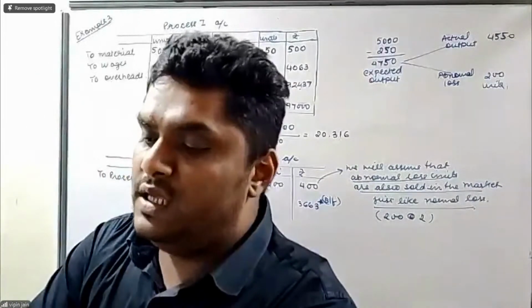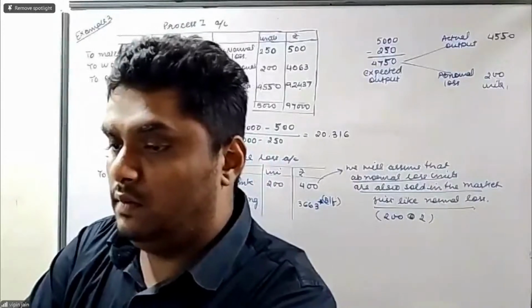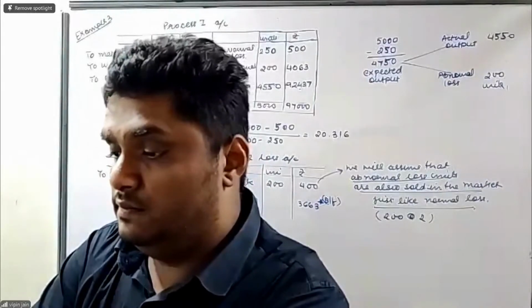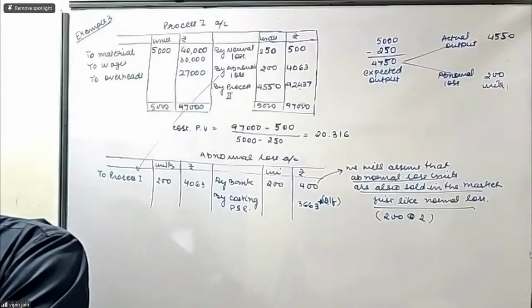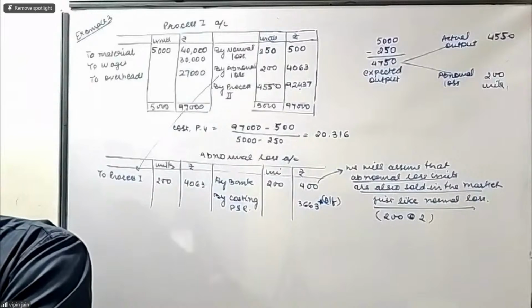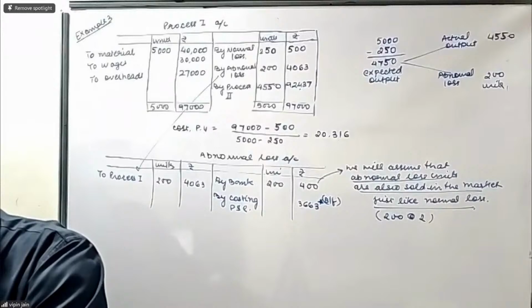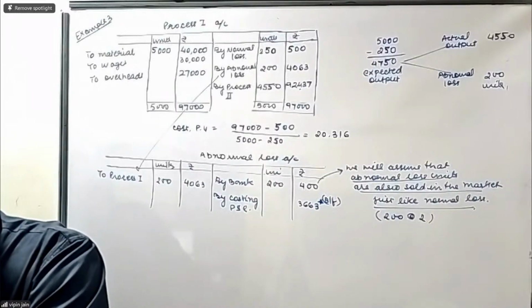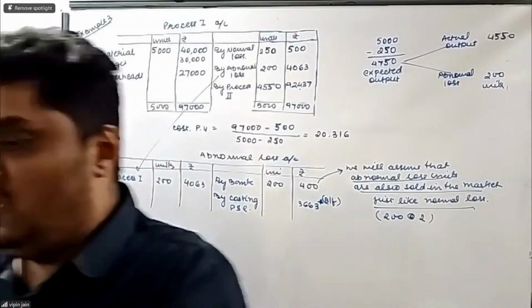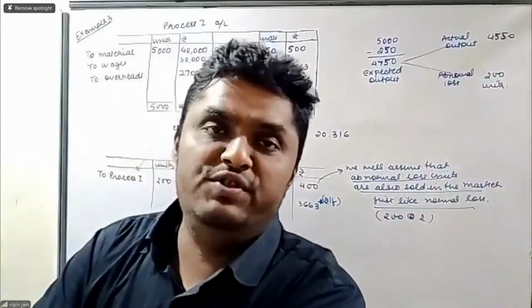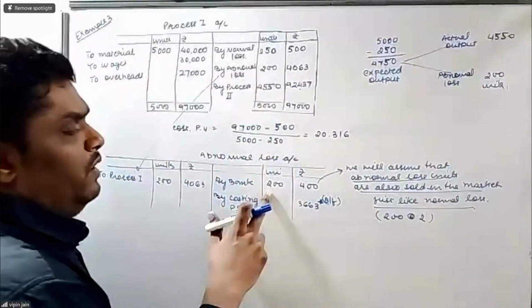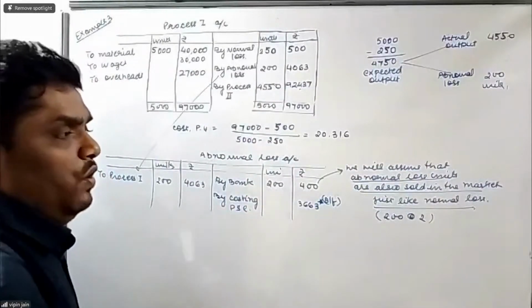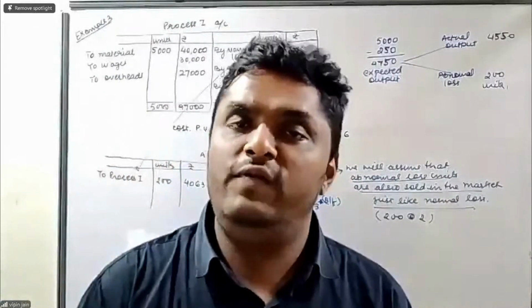These are abnormal losses, Amit. Yes, Rishita, you have to follow the same assumption in every question. Whatever the scrap value is, we'll multiply it by abnormal loss units. The balance amount will be transferred to costing P&L. These things you have to follow in every question.